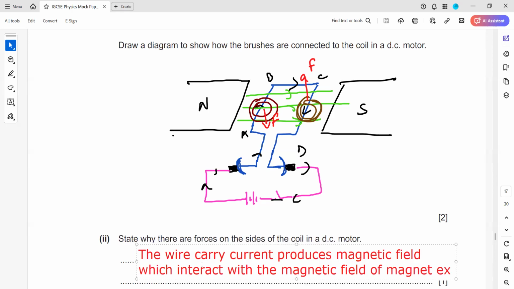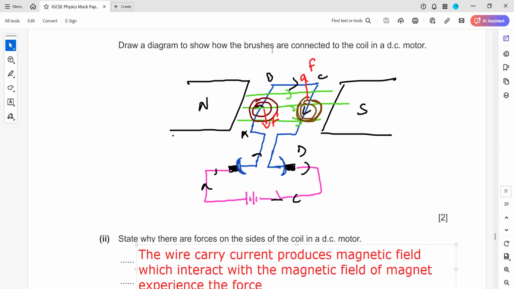Or you can say it cuts the magnetic field of the magnet and experiences the force. This is the more structured answer. The brown circles do not give a reference to the fact that the induced field opposes the change. No need to mention that. It's only 1 mark.